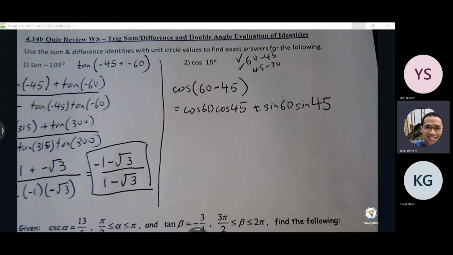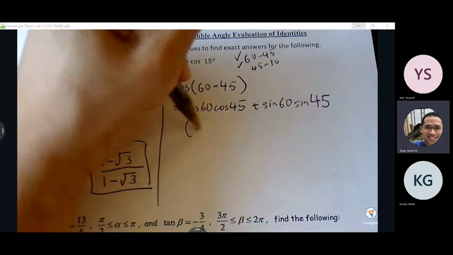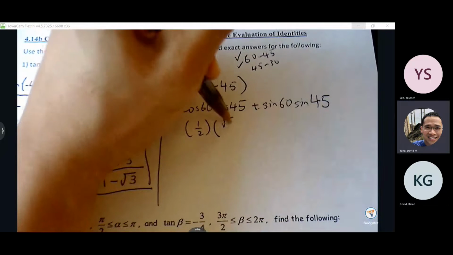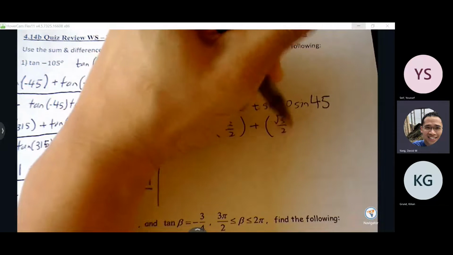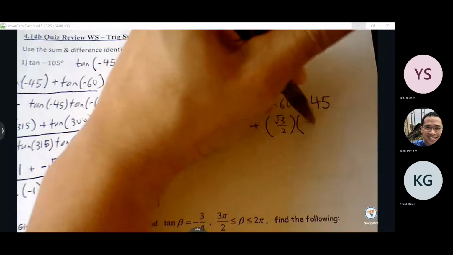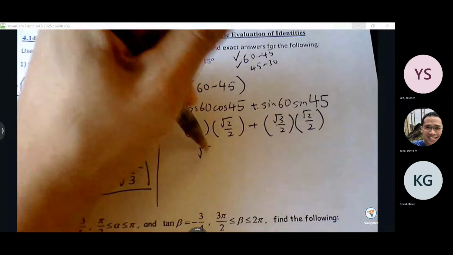All right. Cosine of 60, 1/2. Cosine of 45, √2/2. Sine of 60, √3/2. Sine of 45, √2/2.